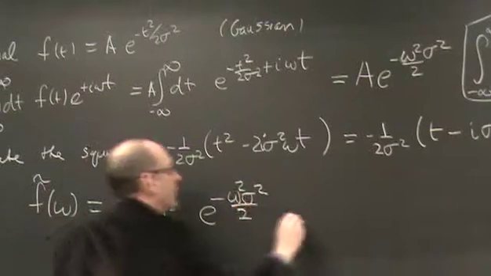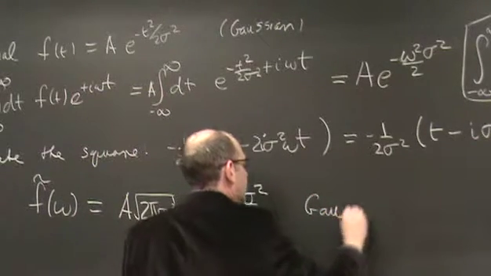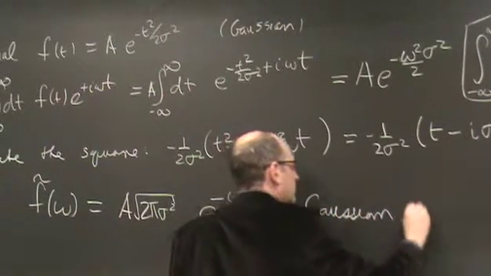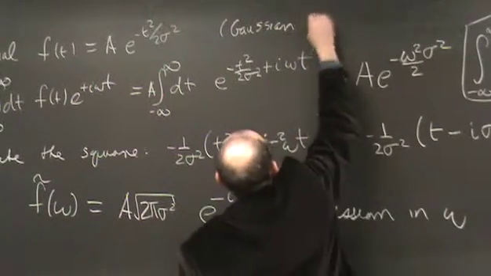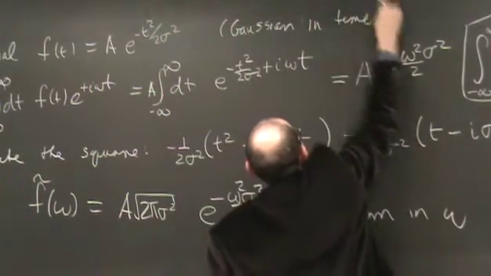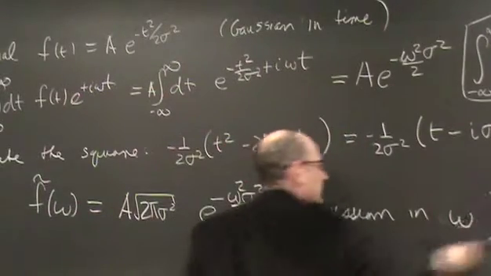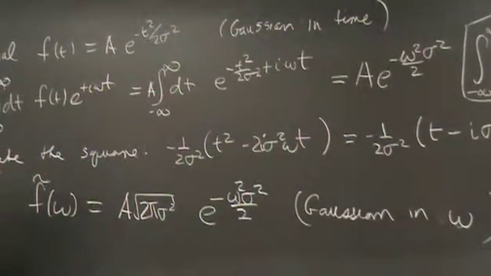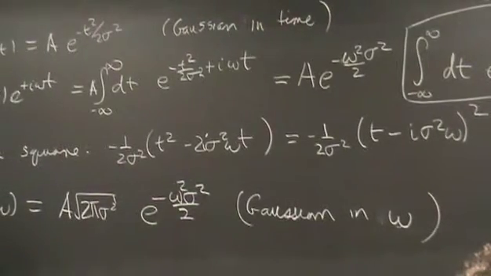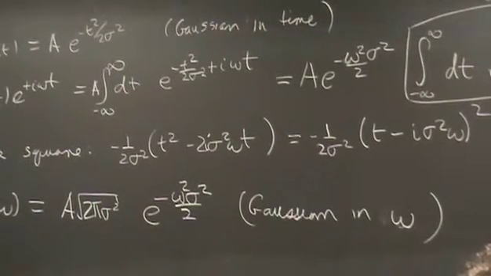This is Gaussian in time. This is Gaussian in frequency. Okay. What is the variance of this function?